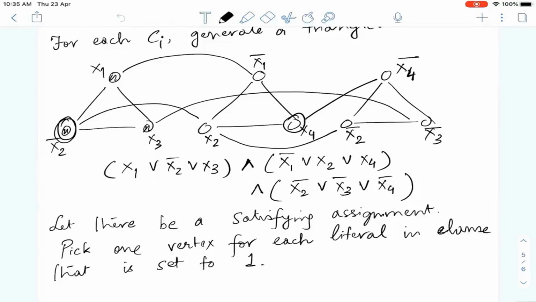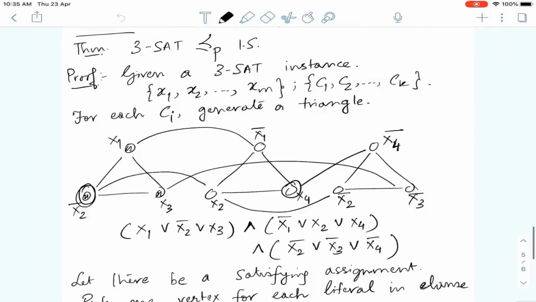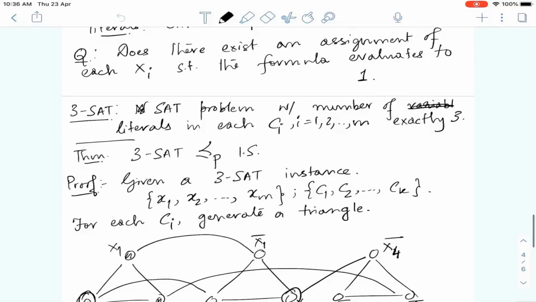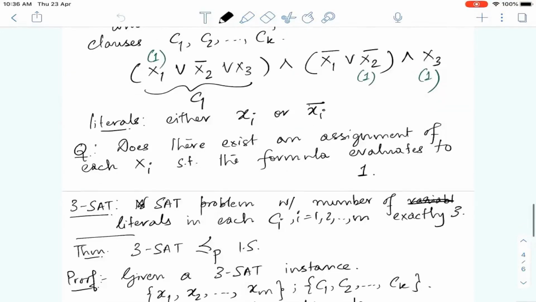Okay, so remember we were trying to do a reduction last time from the 3-SAT problem to the independent set problem. Let's just quickly recap the definition. So what was 3-SAT? I'm given a Boolean formula, and the formula looks like this. It's a conjunction of several clauses, and each clause is a disjunction of some literals.